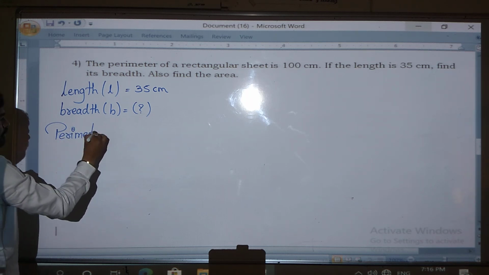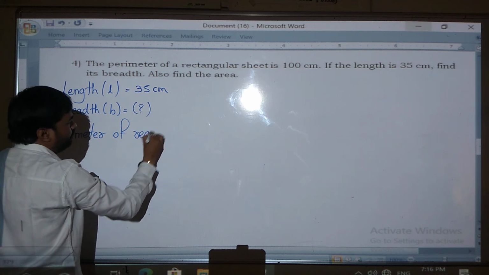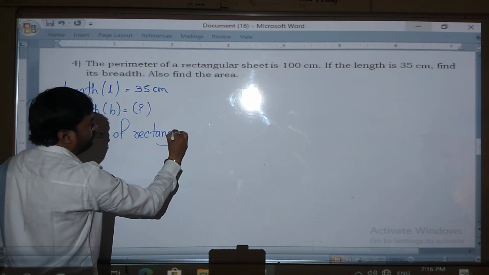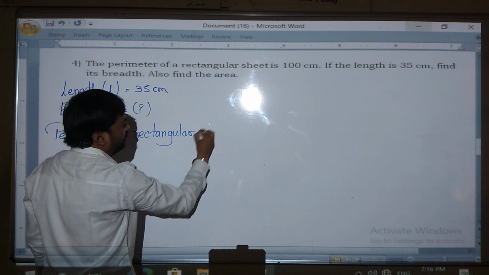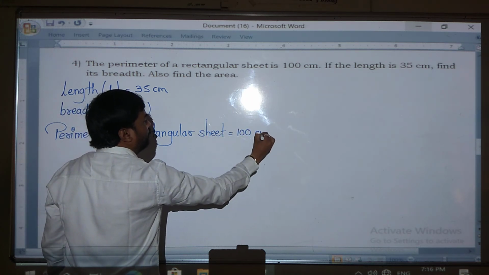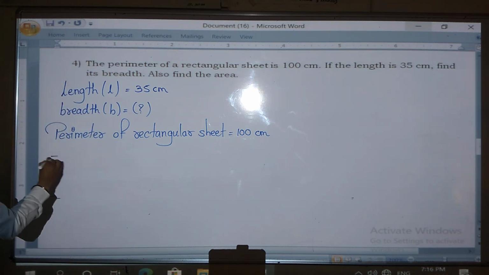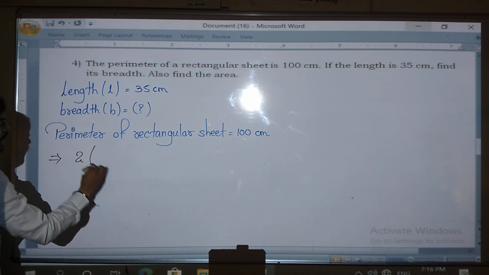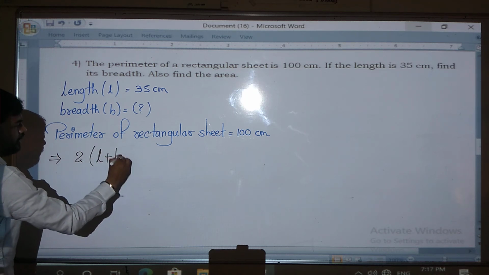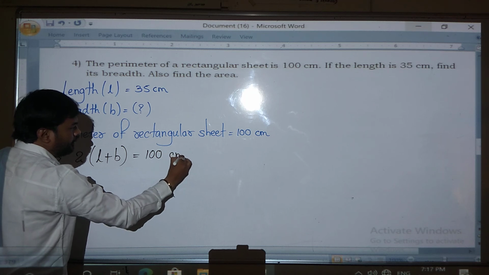Perimeter of rectangular sheet is equal to 100 centimeter. What is perimeter? 2 times L plus B is equal to 100 centimeter.